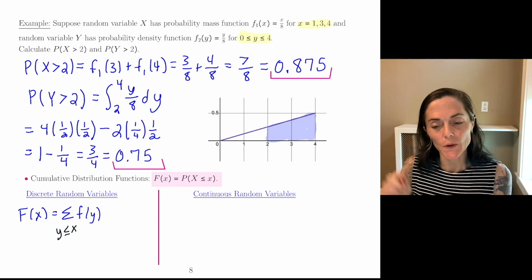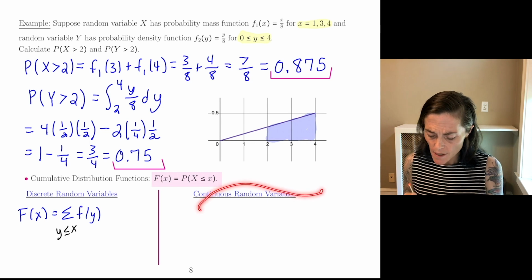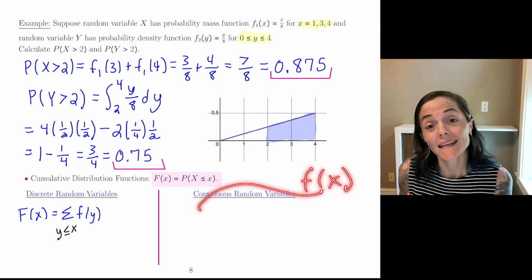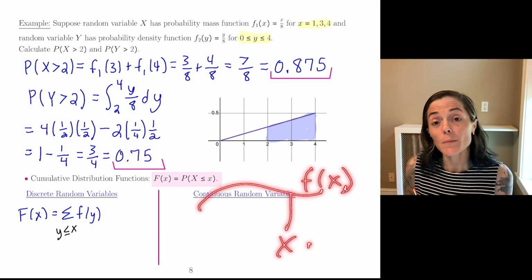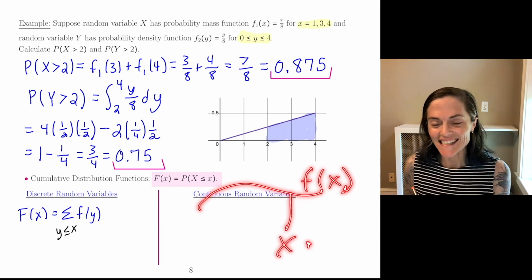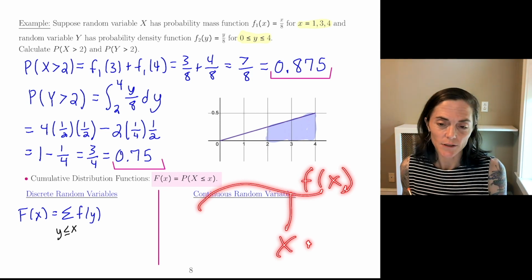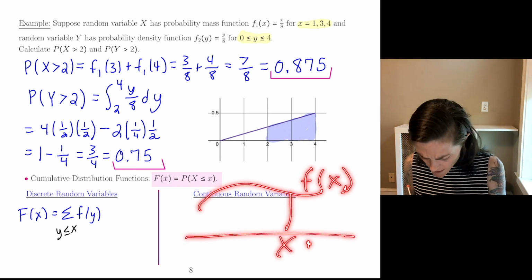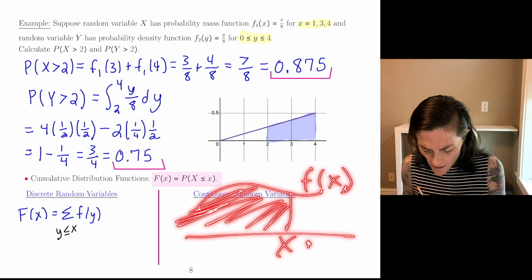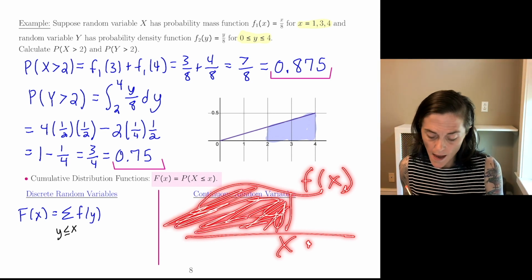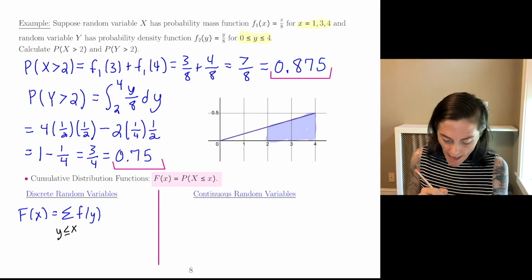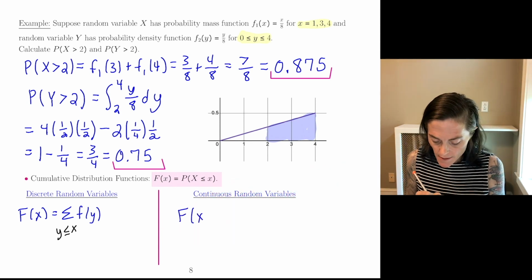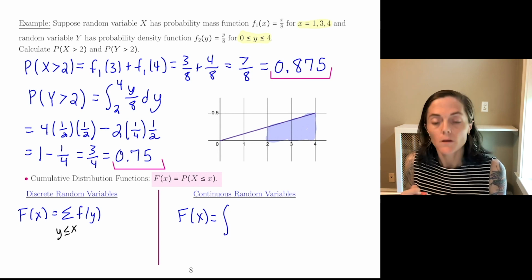In the continuous world, well, you have some f of x, probability density function, and you have some value x. Now, to get the probability that capital X is less than or equal to this little x, you see it's this area all the way up to x. So this is an integral. So we would have capital F of x. This would be an integral.